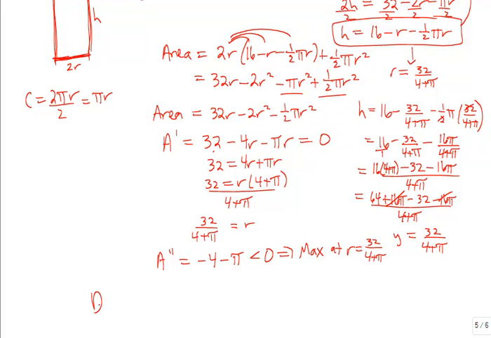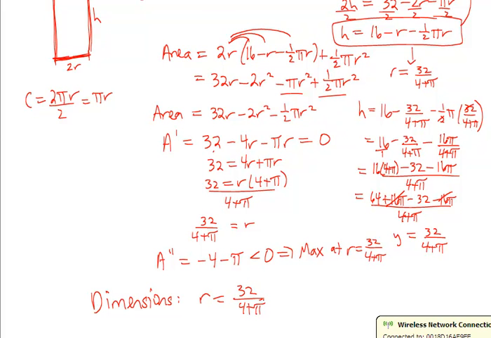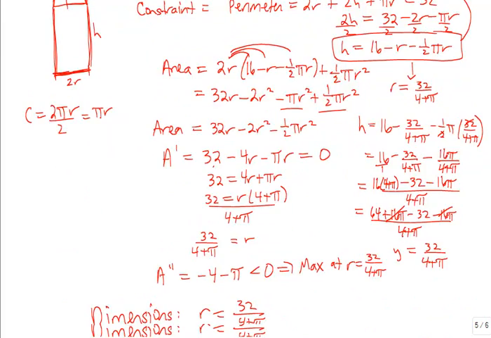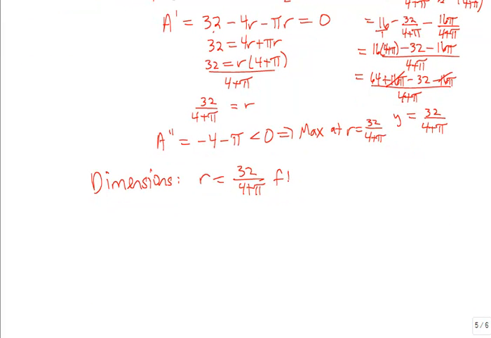So our dimensions are going to be that the radius is 32 over 4 plus pi, and our units here were feet, just double checking there, and our height will also be 32 divided by 4 plus pi feet. Okay?